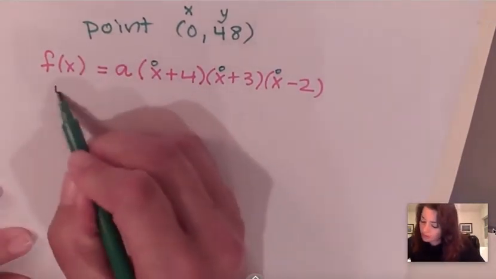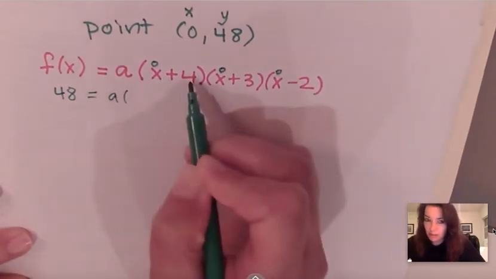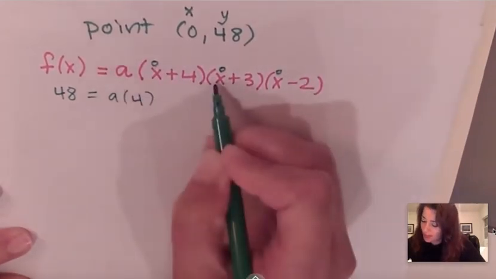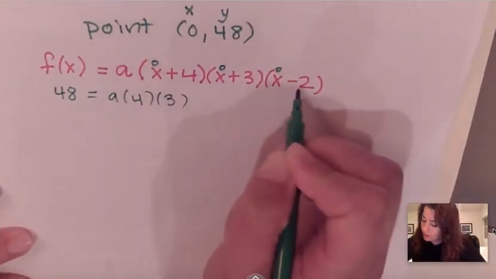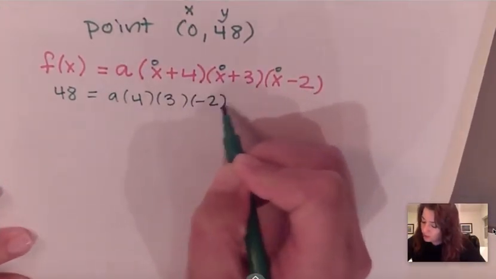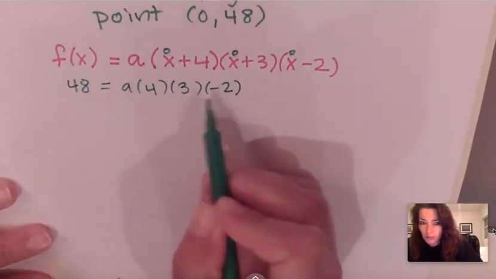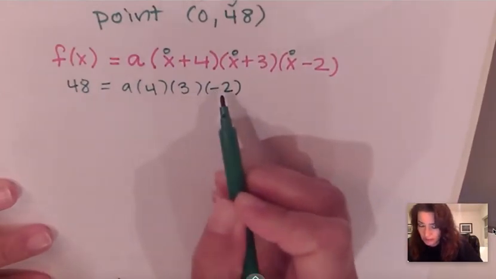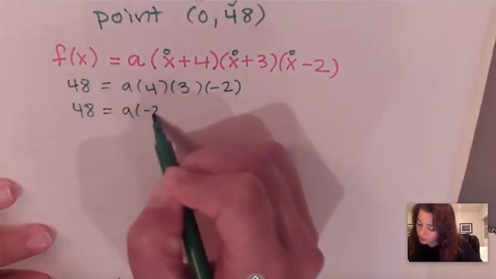So let's rewrite this equation. 48 equals a times 0 plus 4 is just 4, and 0 plus 3 is just 3, and 0 minus 2, it's just minus 2. Now, when we multiply, 4 times 3 is 12, times -2, that's -24. So we have 48 equals a times -24.